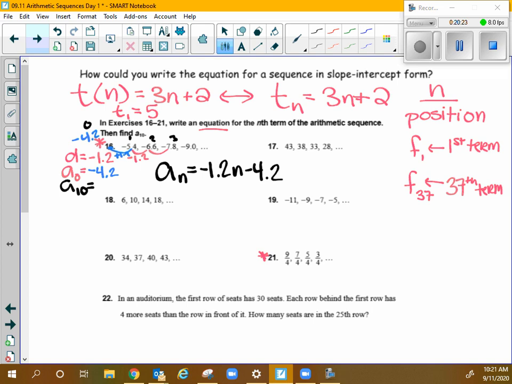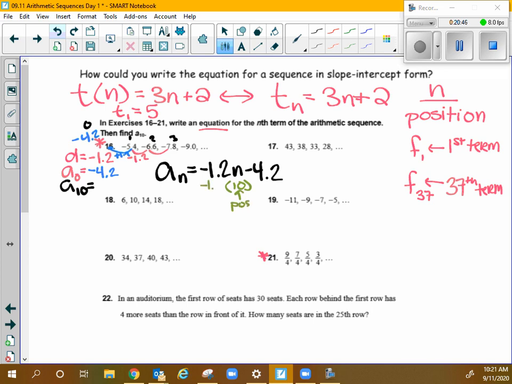Input. I replaced n with 10. It's the 10th term, this is the position, right? So this would be 10. Does that make sense? Yes, I'm replacing that with 10 because we're looking for position 10.